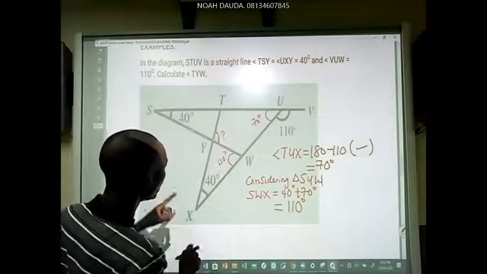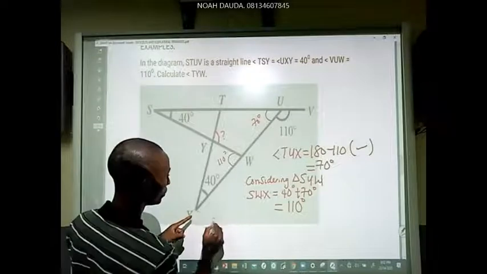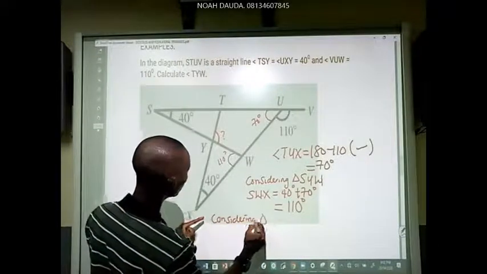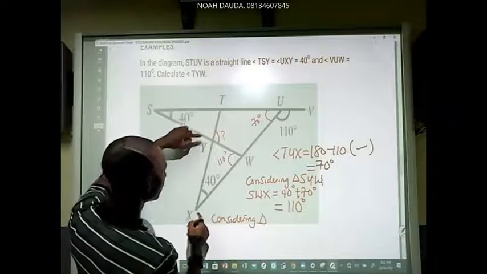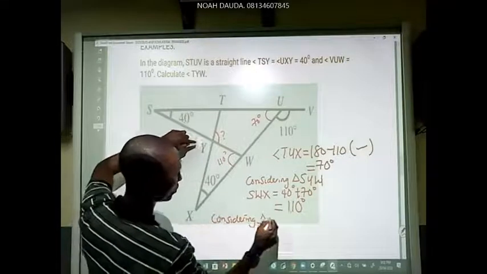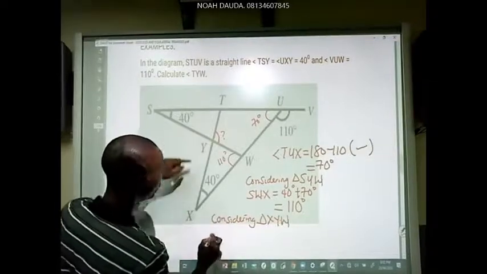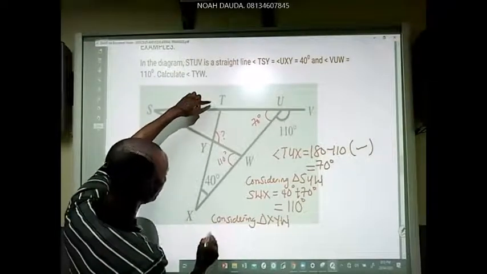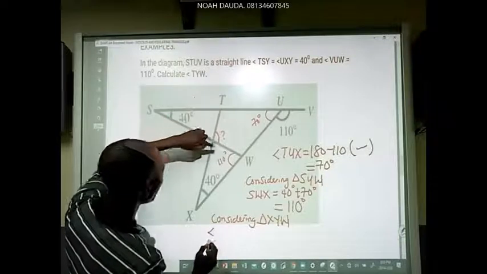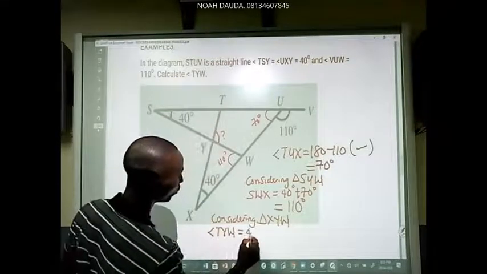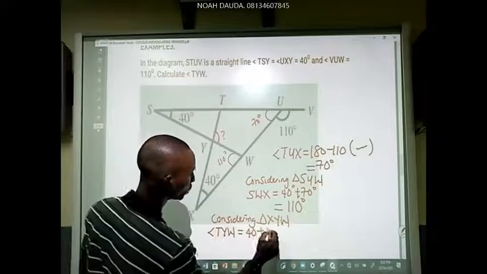So now considering triangle XYW, therefore your exterior angle TYW that we are to determine in the question equals 40 plus 110.